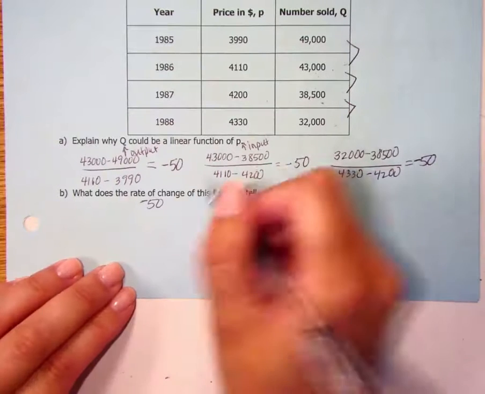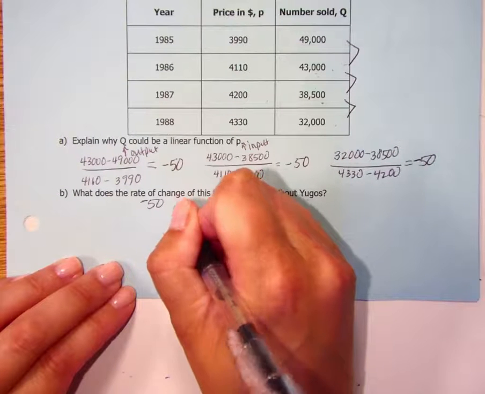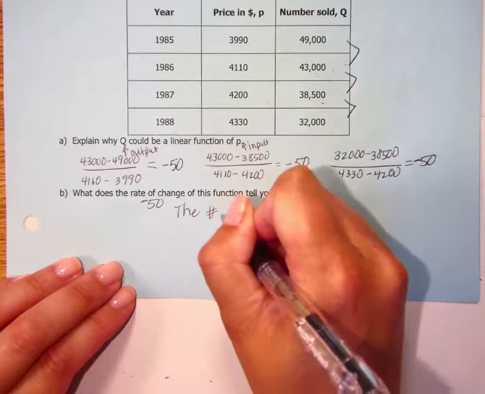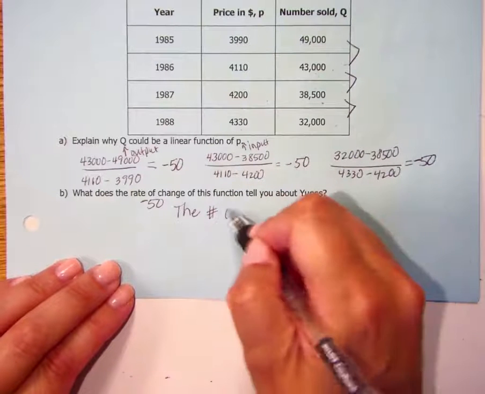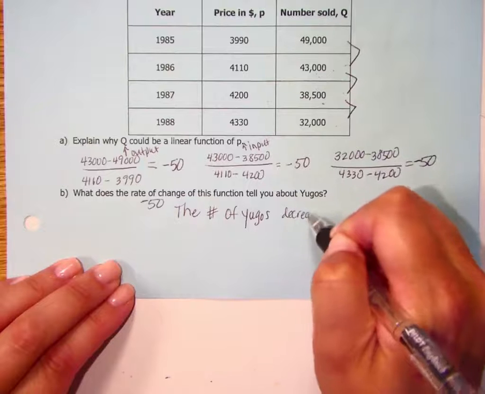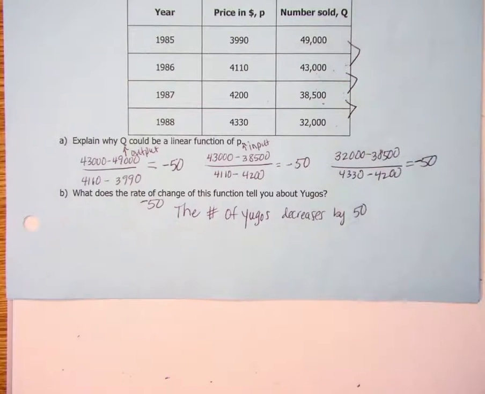Okay, that's a really good start. The number of Yugos decreases by 50. Now, it's not every year. Why not? Because time is not our input, exactly.